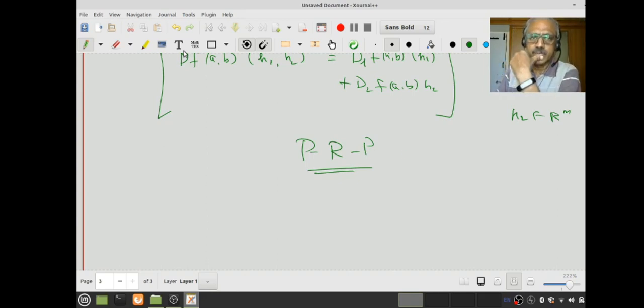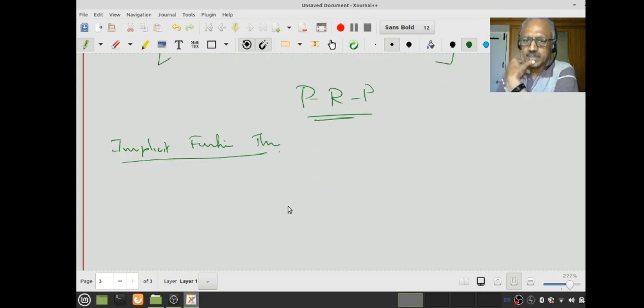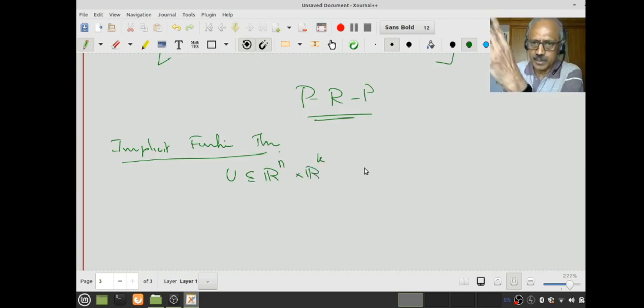Now we are ready to formulate the theorem, the so-called implicit function theorem. So what does it say? Let U be an open set in R^n cross R^k. Don't worry about m and n now; I'm just using a different notation.